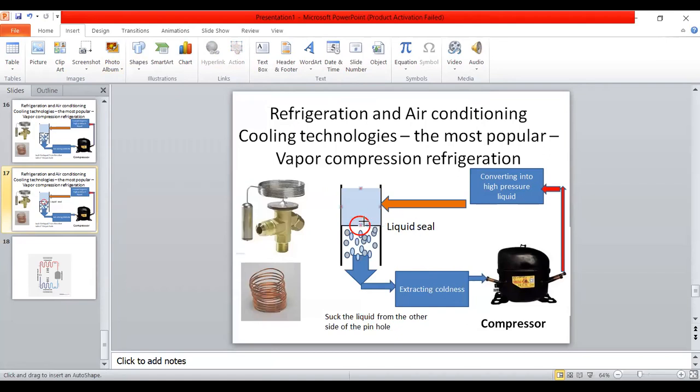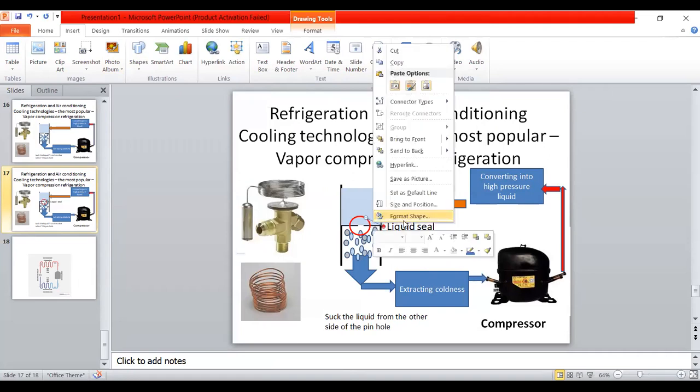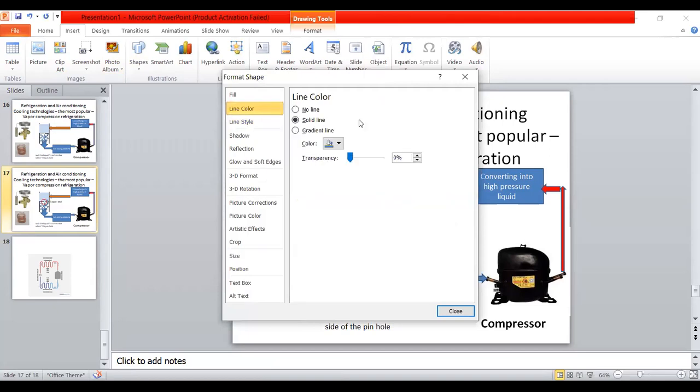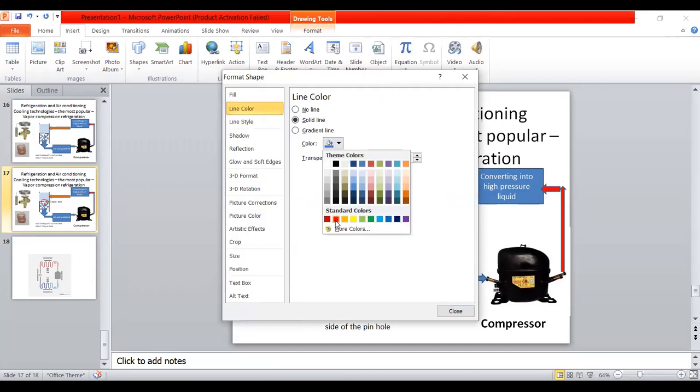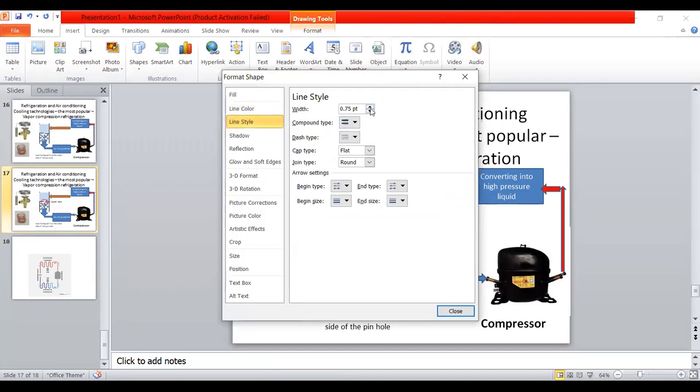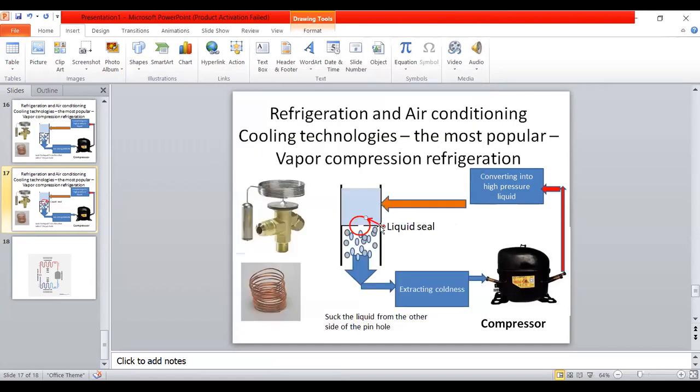I hope you can understand this. Up to certain levels, you can imagine this. It's a liquid seal.